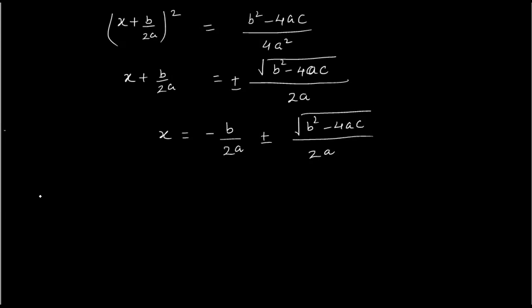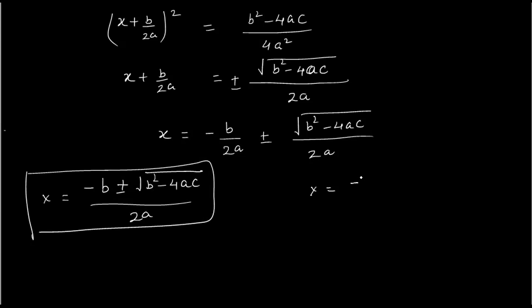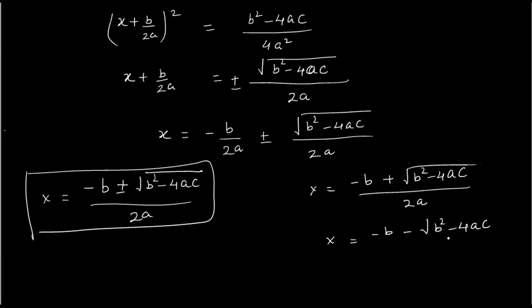This can be rewritten as x = (-b ± √(b² - 4ac))/2a. Here the roots of the standard quadratic equation are x = (-b + √(b² - 4ac))/2a, and the other root is x = (-b - √(b² - 4ac))/2a.